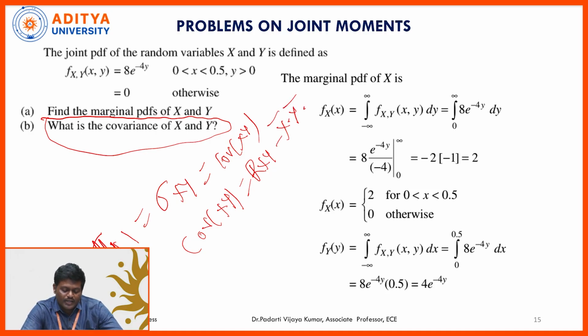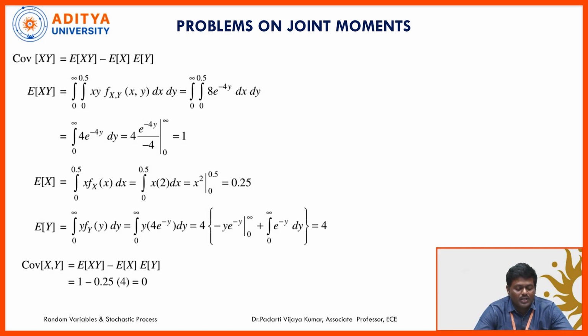In order to compute x bar, we need to know the marginal density function of x. To compute the marginal density function of x, we need to do the integration with respect to y. We will get 2. Similarly, for the marginal density function of y, doing the integration with respect to x, we will get 4e power minus 4y. Now, we need to compute the correlation, the expectation of x, the expectation of y, and finally substitute here.